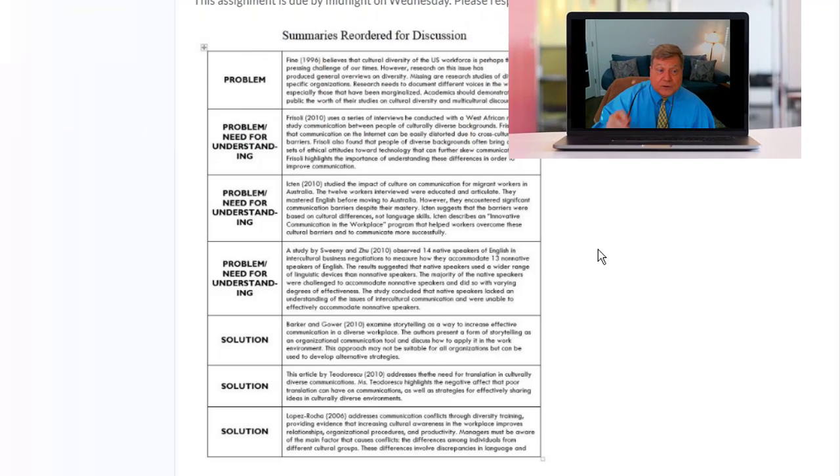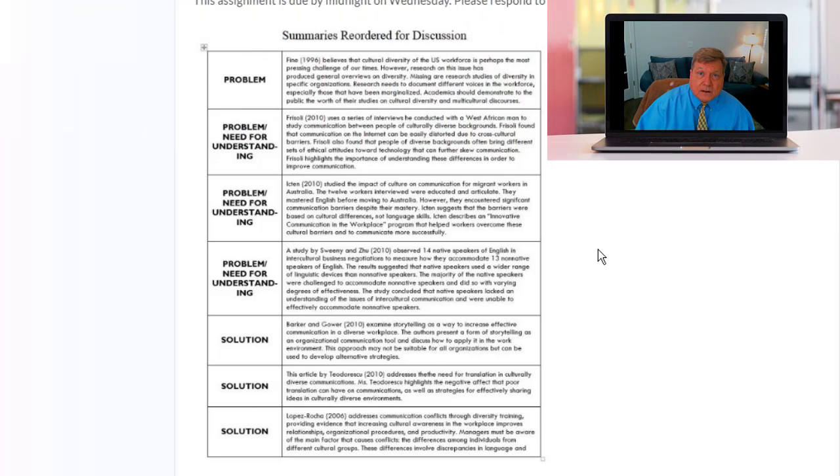Well, depending upon your topic, the categories in the left-hand column will vary. Instead of problem in need of solution, you could begin with background of problem. And then would come, let's say you're doing telecommuting or paperless office. For the paperless office, there are several arguments that you're going to find in favor of a paperless office.